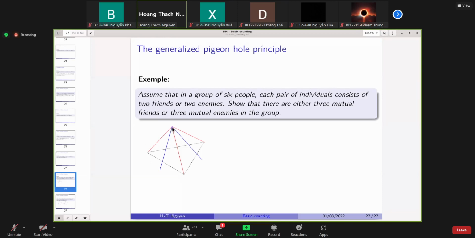So here, for example, this edge is red, meaning that the 2 people here and here are enemies towards each other, and conversely, this is blue, meaning that this person and this person are friends with each other.